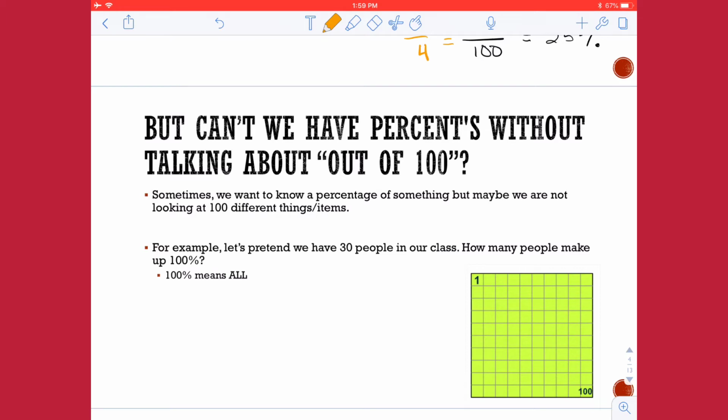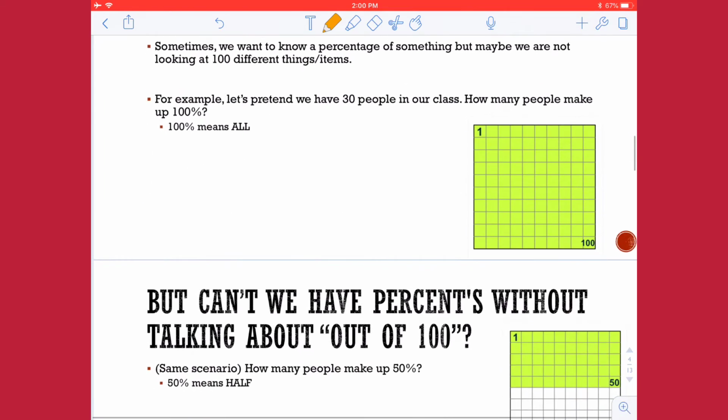Well, if there's only 30 people in the class and I say, okay, I got 30 people, that's 100% of the class. So thinking about like from a professor's stance, when I do attendance, I had 100% attendance when everybody was there, right? So in that case, it'd be all 30 people were present. So we can think about values of percentages even though maybe the number we're dealing with isn't 100.